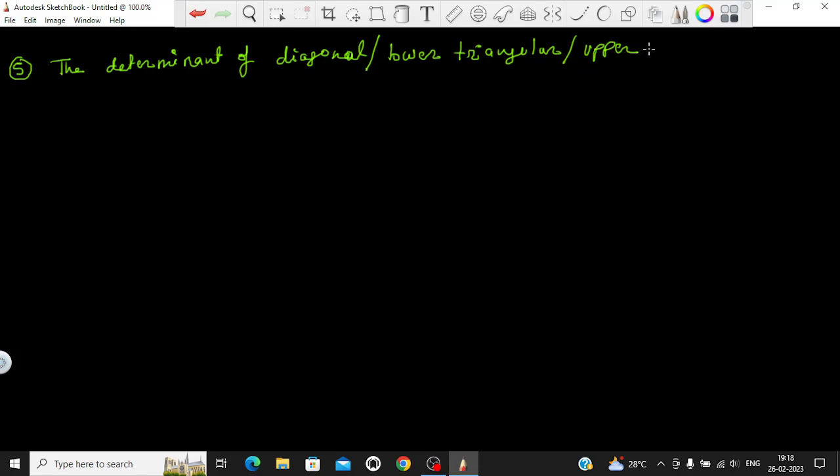You just multiply the diagonal elements, you will get the determinant of that matrix.